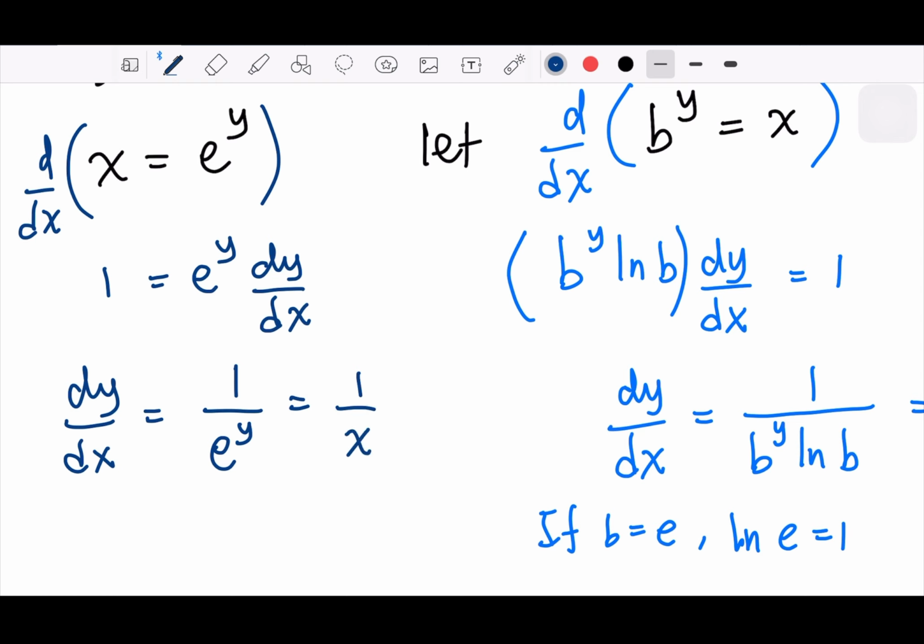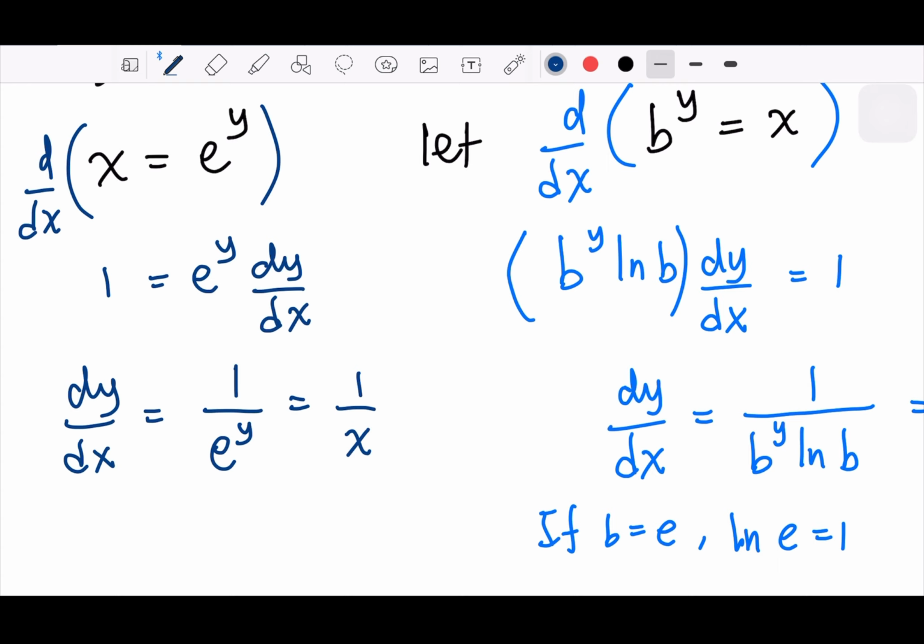Okay. So every time you derive a variable of y, because y is a function of x, you need to multiply with dy over dx. But remember, sometimes the problems may make you use other variables that you need to define.